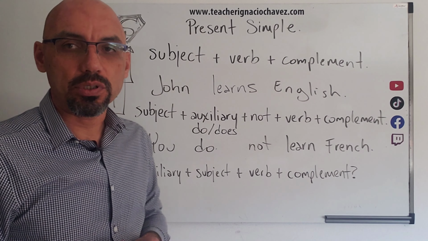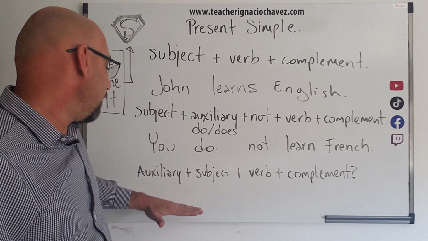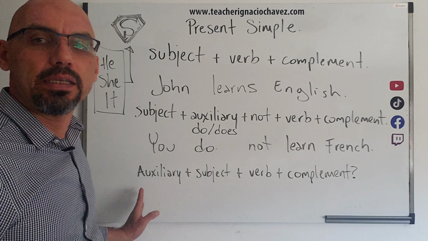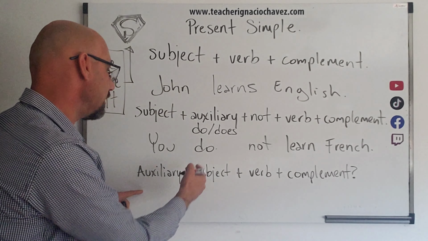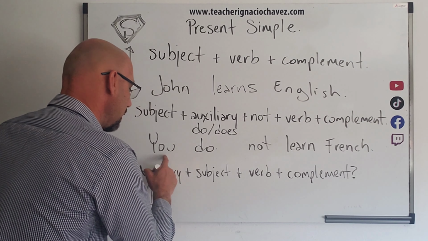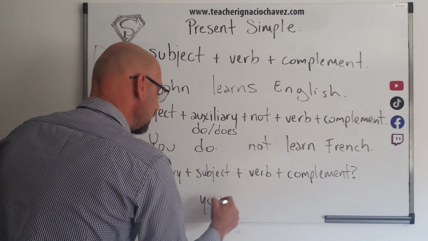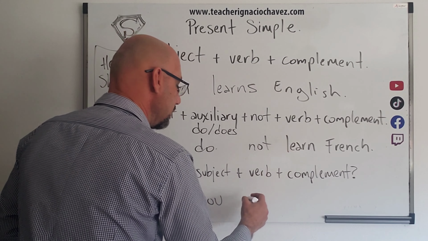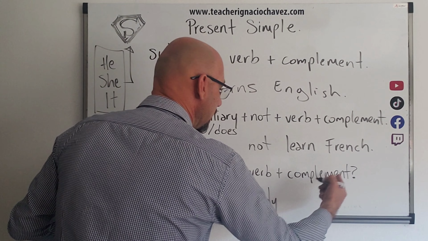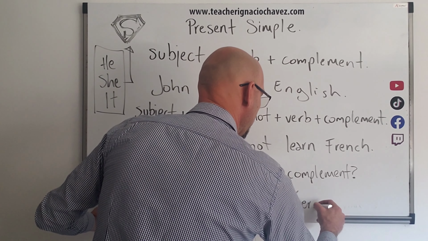Now, important. If I have a question, I always need the auxiliary at the beginning. Always. Auxiliary is at the beginning. In this case, the auxiliary would be do, the person, or subject, do you, then the verb. Let's put study, and then a complement, German.